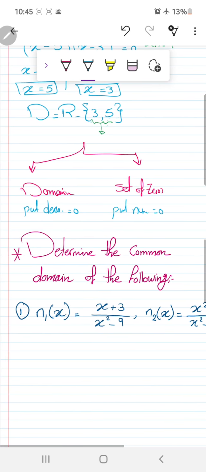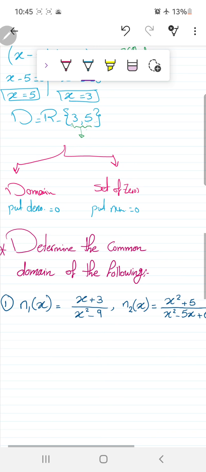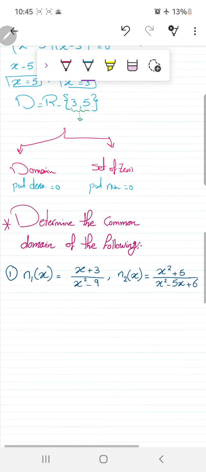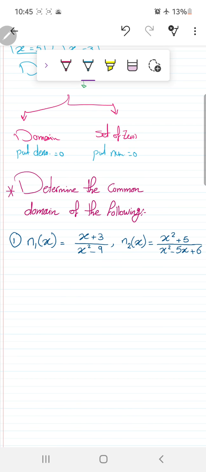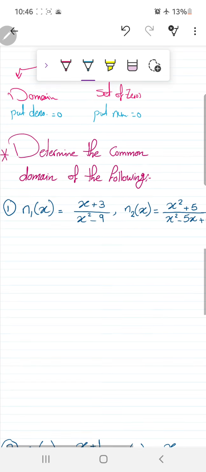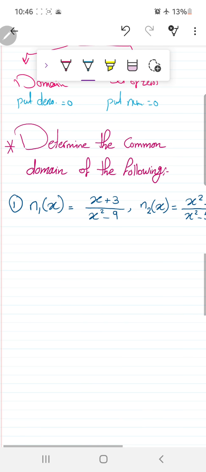Another title: find the common domain. What's the meaning of common domain? Here we have two functions and we want to get the common domain. First, as we said, for a function, get the domain. So we want to get first the domain of the first function and the domain of the second function. Here we have the first function, n1 of x equals (x plus 3) over (x squared minus 9).